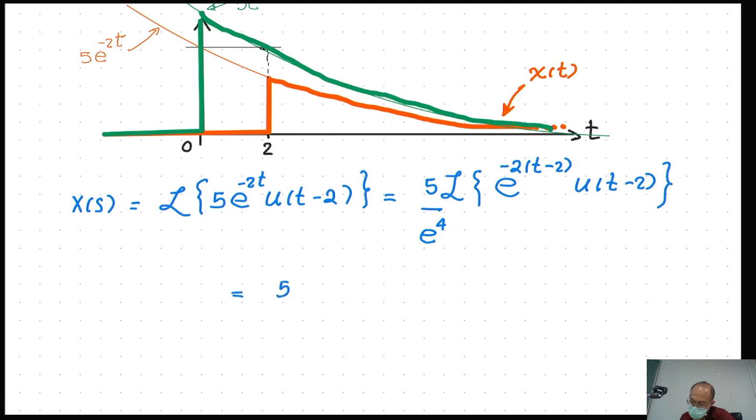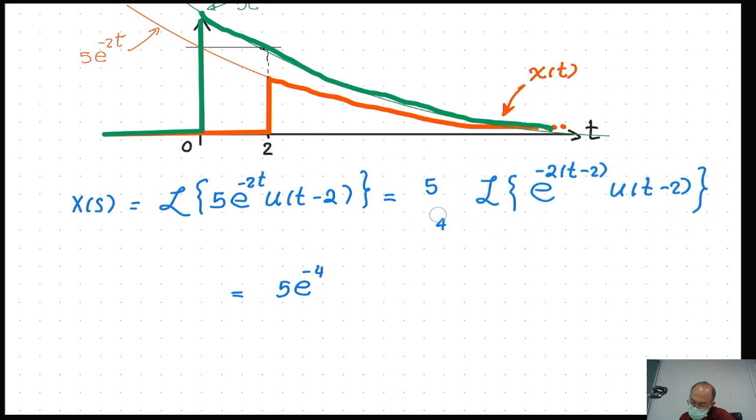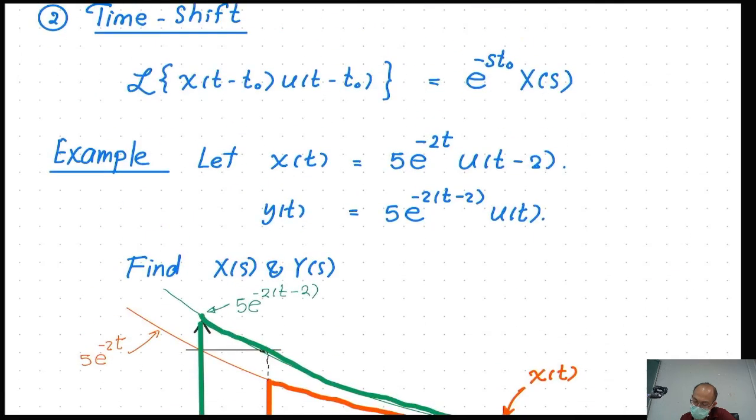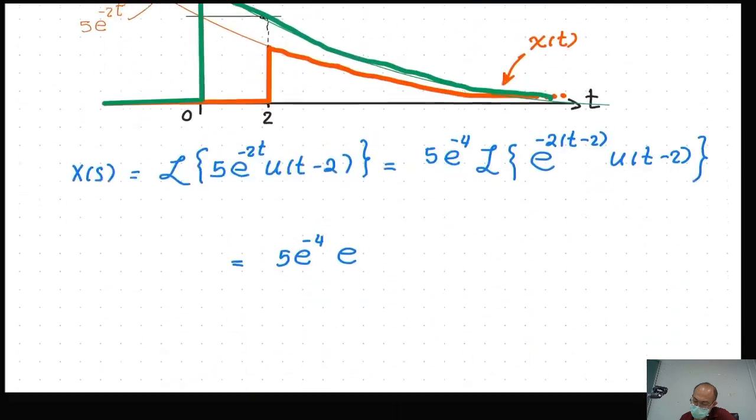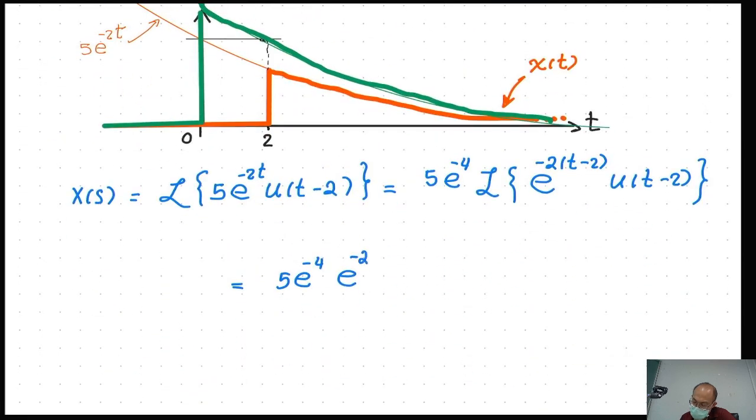So this is 5 e to the negative 4, and then this is simply the time shift. Now we can do the time shift. e to the, now t0 is 2, e to the negative 2s, and the Laplace transform of e to the negative 2t u(t).